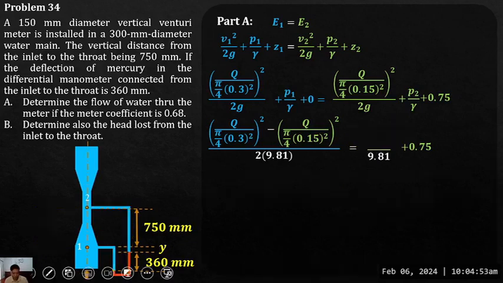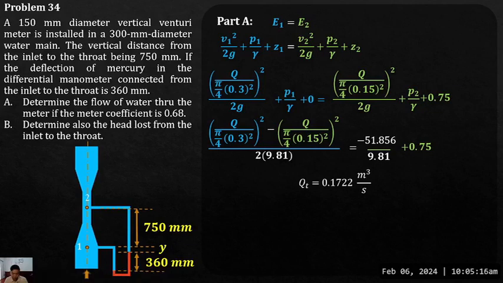So, substitute natin. Yun ang compute nating pressure difference, negative 51.856. So, solve natin yung Q.